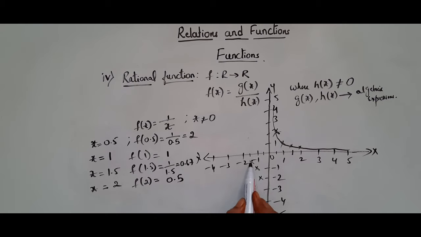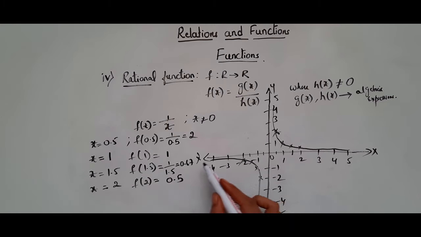So -2, -0.5, that will be somewhere here. If you take more points, you will get a graph like this. Here also it is tending to 0 but not equal to 0. So this type of graph is called a hyperbola.